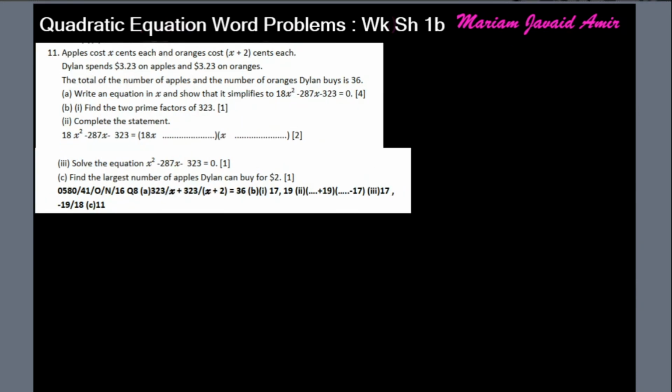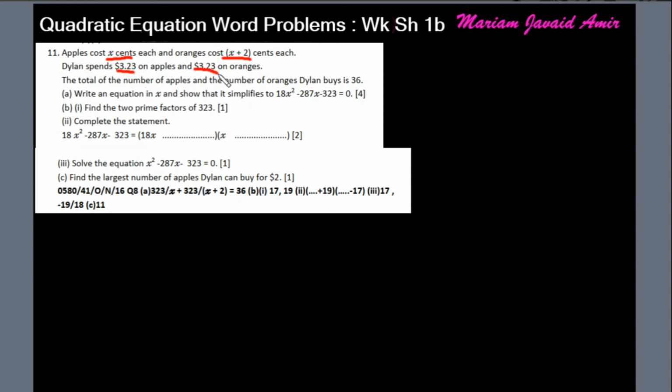Question number 11. Apples cost x cents each and oranges cost x plus 2 cents each. Dylan spends $3.23 on apples and $3.23 on oranges.